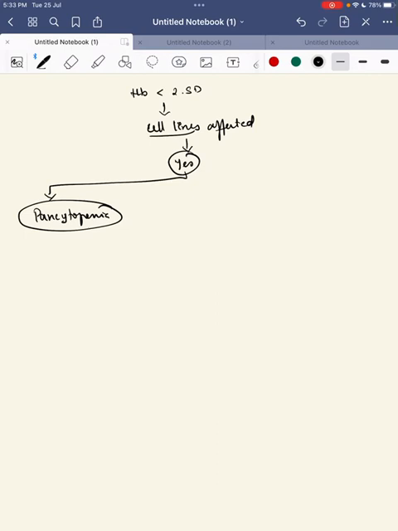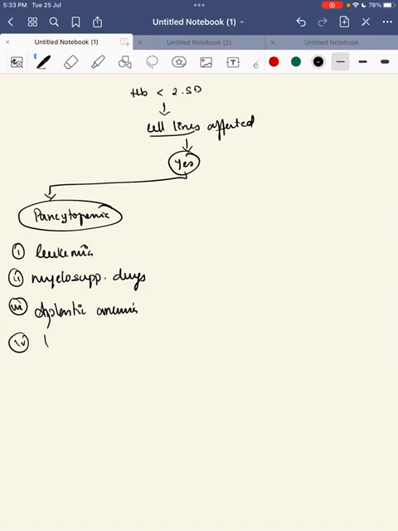It can be due to leukemia or myelosuppressive drugs. Third, aplastic anemia. Fourth, infection. Fifth, B12 deficiency. Sixth, hypersplenism.